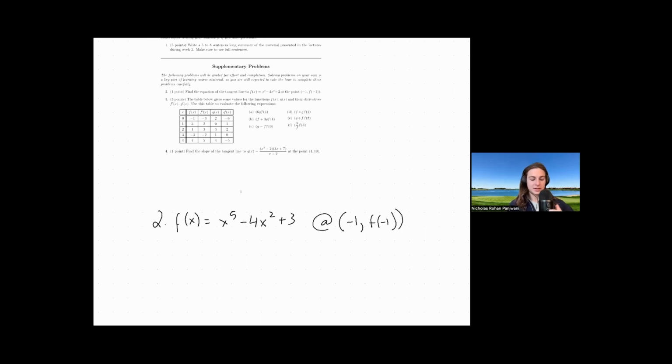So if you're coming into this, you are probably told in class how to take the derivative, and by extension, that you need to take the derivative of this function in order to solve the problem.